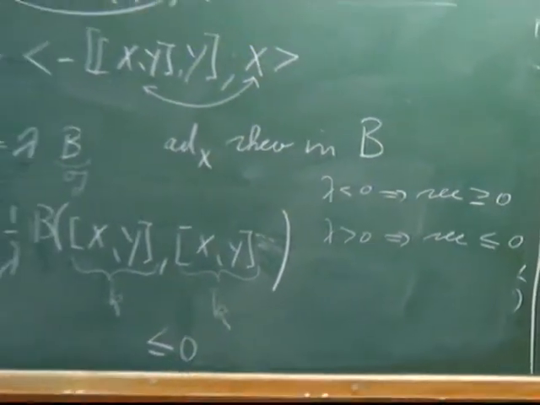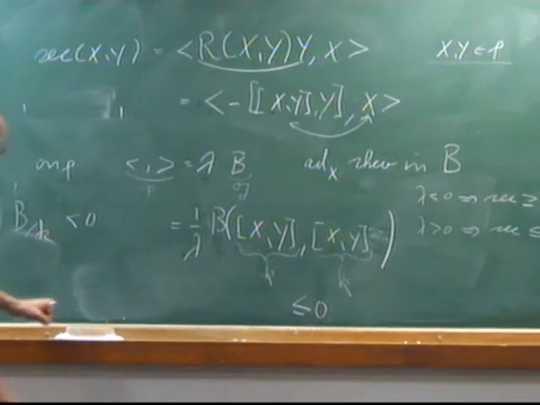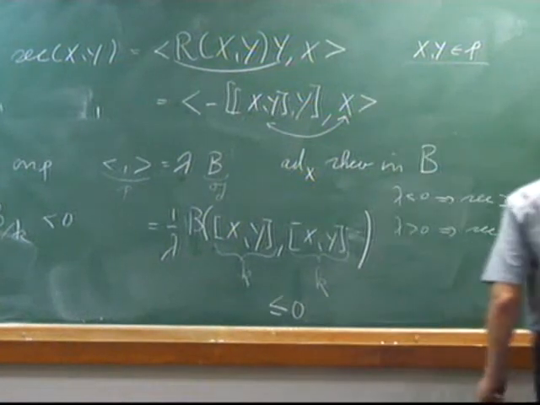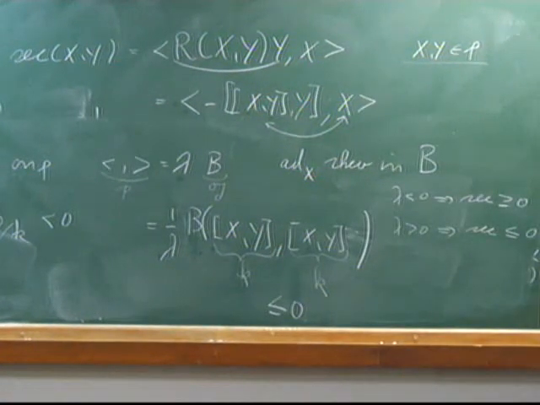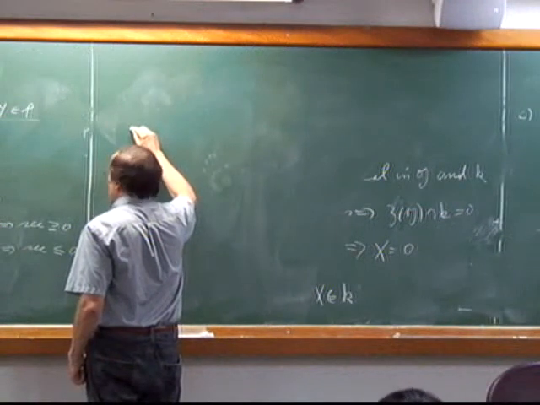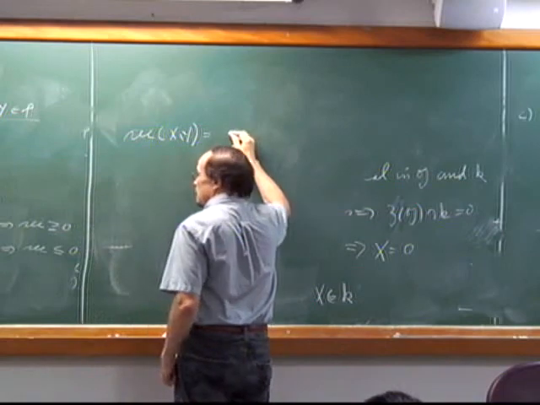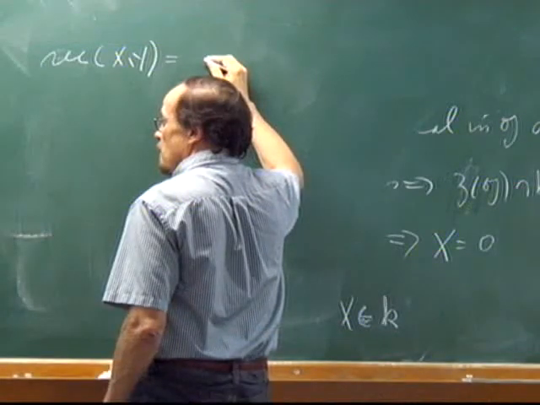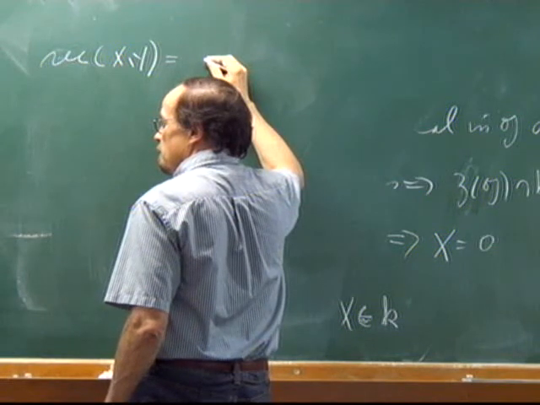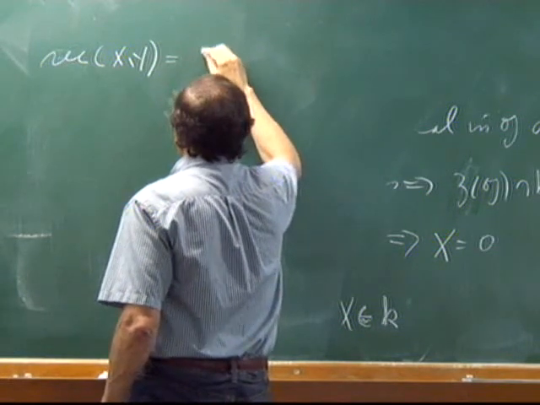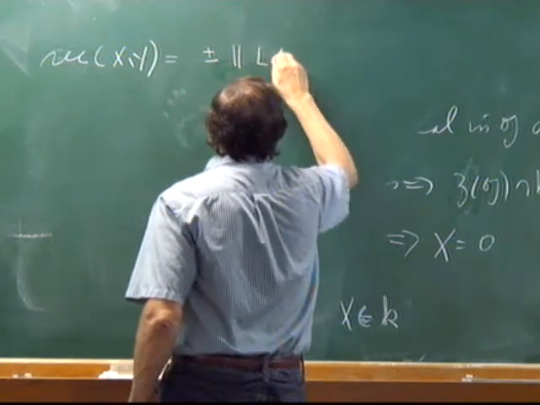But even more than that, I have a formula if you want. I could say the sectional curvature between x and y is plus or minus the norm squared of [x, y] if I want to.